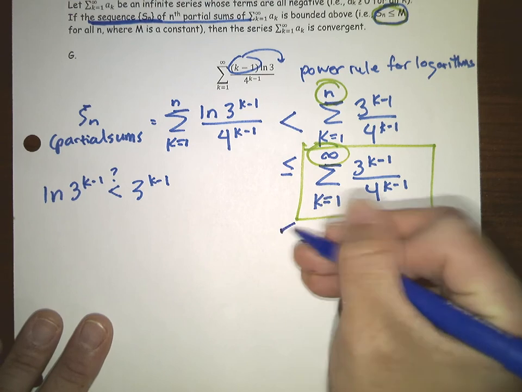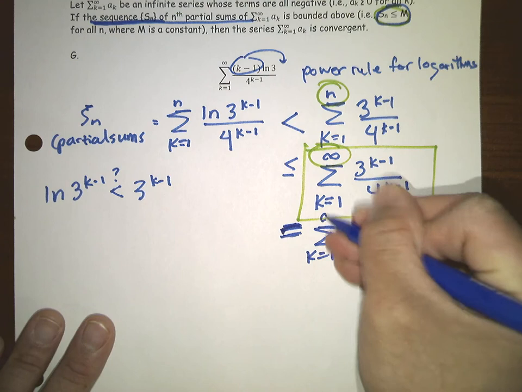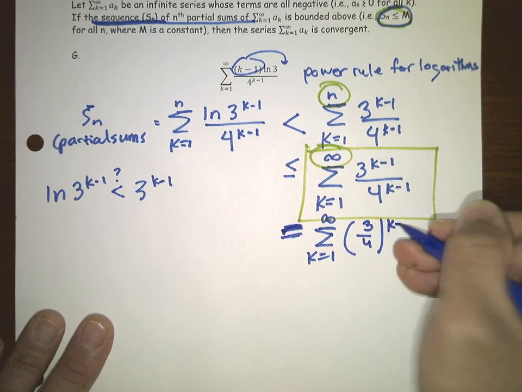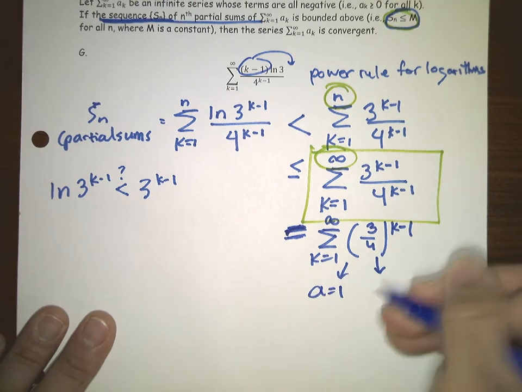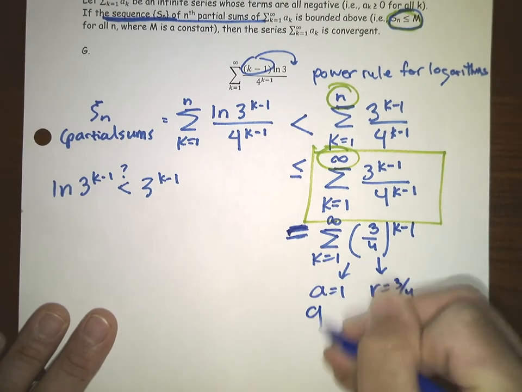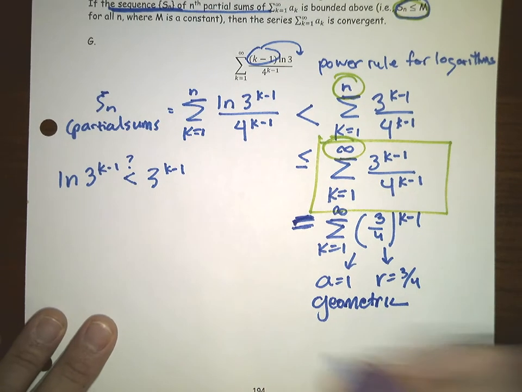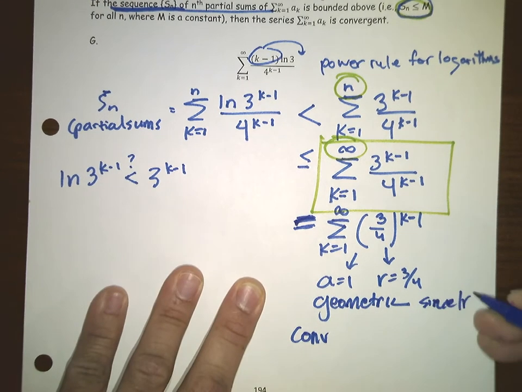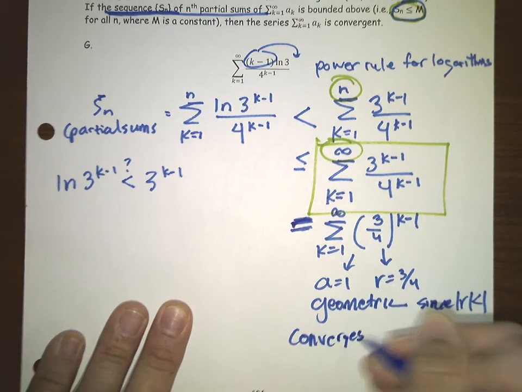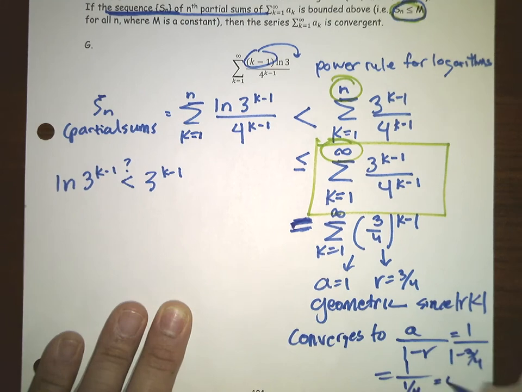So now I'm going to rewrite this. This is actually equal to the sum k equals 1 to infinity of 3/4 to the k minus 1. So I'll just rewrite this, and that means that a is 1, r is 3/4, so this is definitely geometric. All right, so then that means this converges, since the absolute value of r was less than 1, this converges to a over 1 minus r, so 1 over 1 minus 3/4, so 1 over 1/4, which is 4.